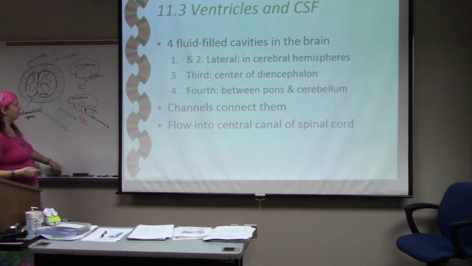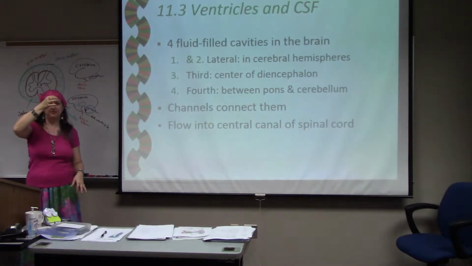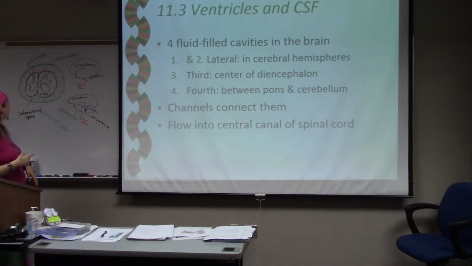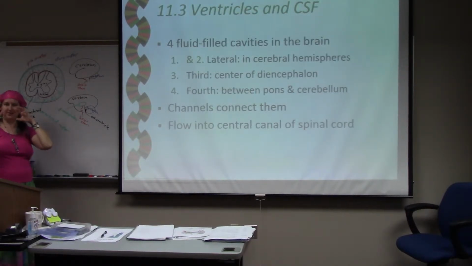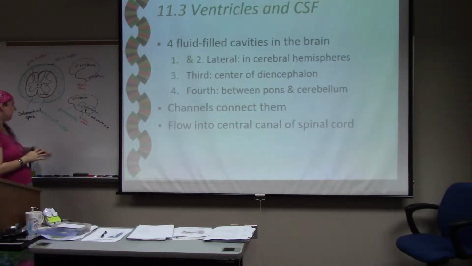Coming down from the fourth ventricle is another channel that goes into the spinal cord and forms what's called the central canal. So you have cerebrospinal fluid spread around inside within these ventricles and channels, and outside in the subarachnoid space.